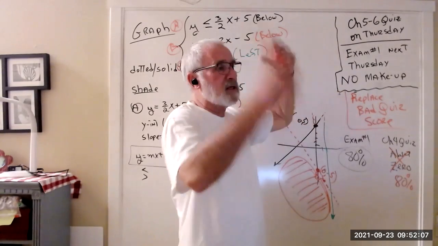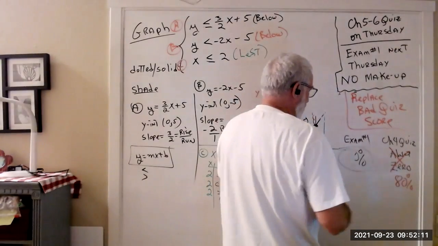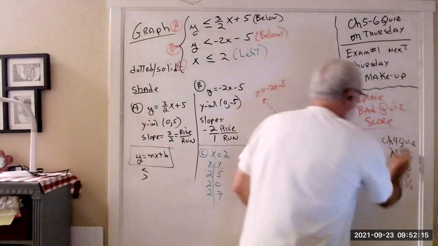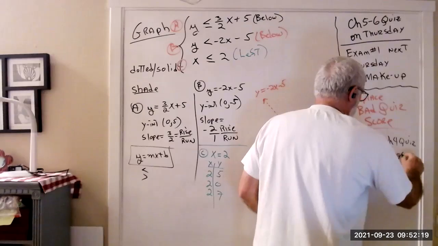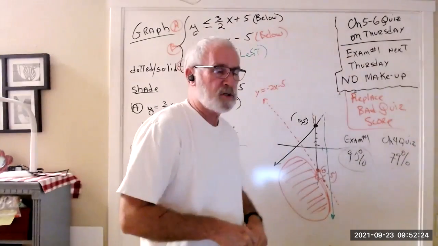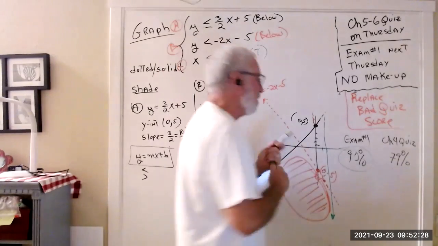Even let's say you get a 90% on exam 1, but let's say you get a 79% on the chapter 4 quiz. That's not a bad score, 79%. That's a C plus, almost a B. Well, doesn't matter.